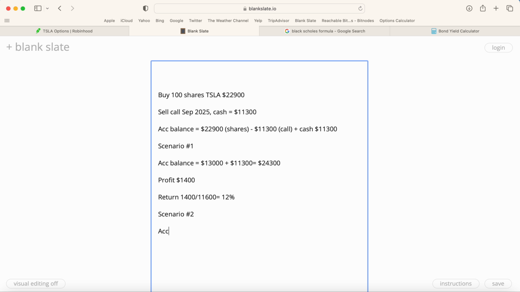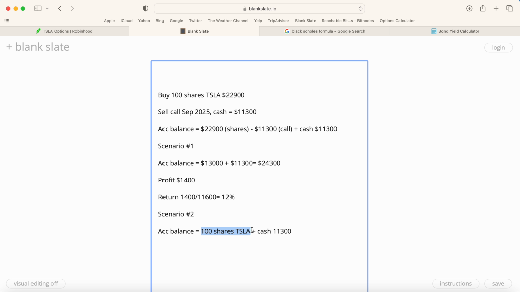Well, in that case, your account balance is going to be something like this. You're still going to hold the 100 shares of Tesla plus the cash that you originally had after selling the call options. Now, these 100 shares are going to be worth wherever Tesla is trading at that point.